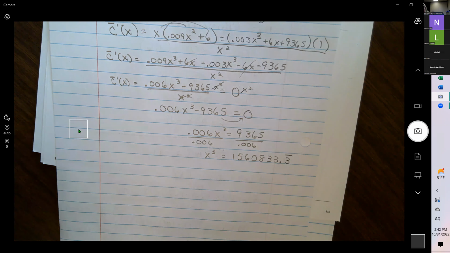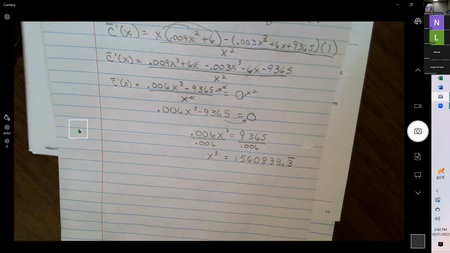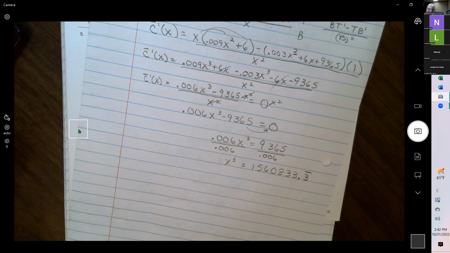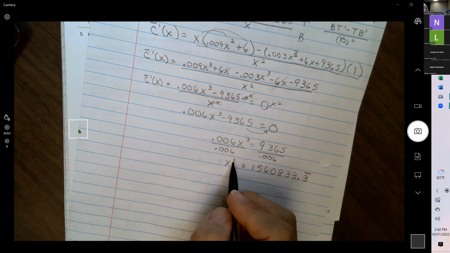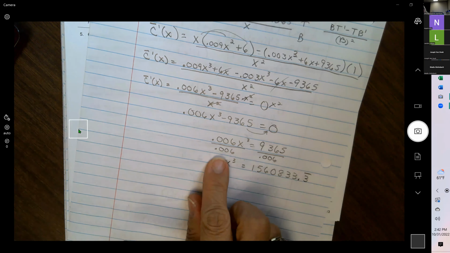Any questions so far? Now, this is cubed. How do we get rid of a cube?